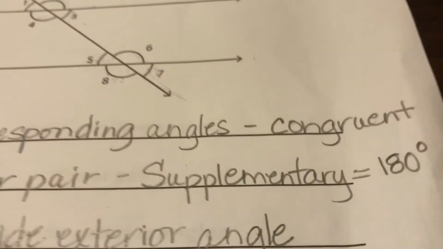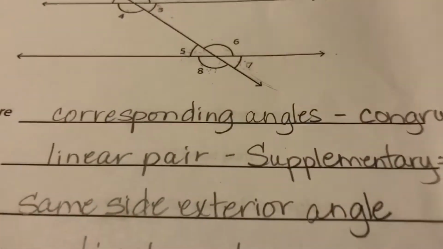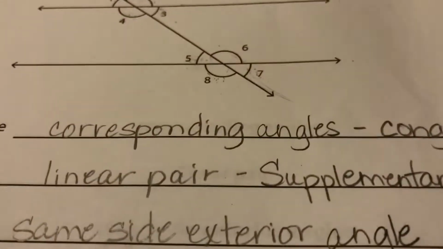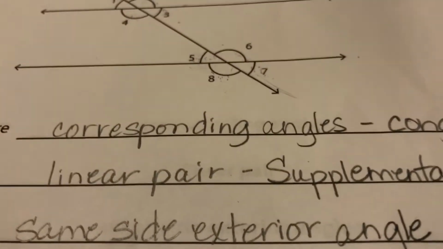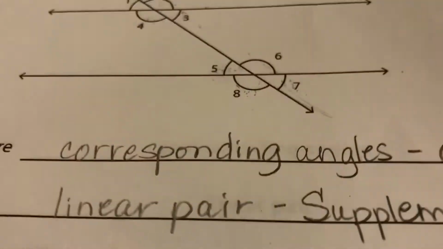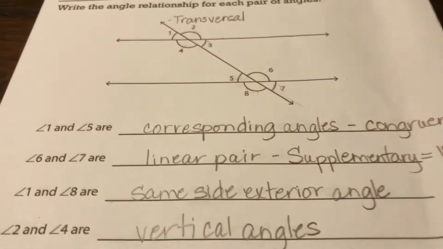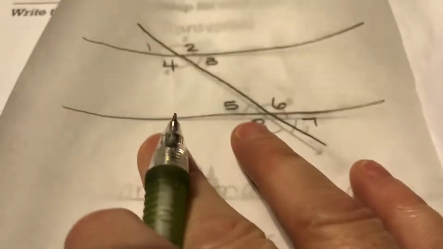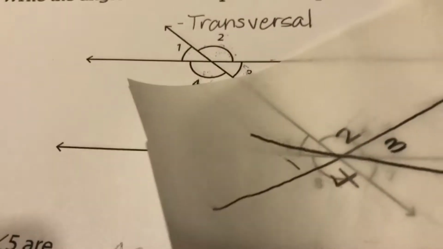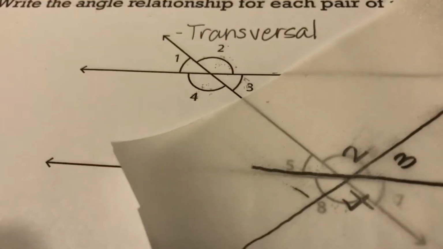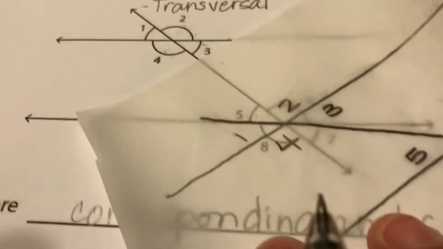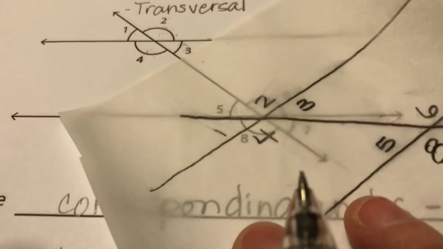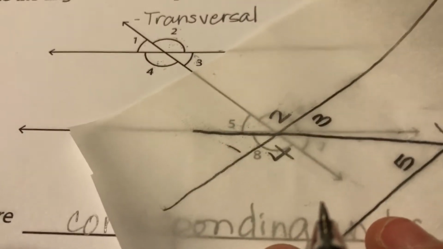Okay? Then we had the same side exterior angles. Same side exterior angles, and so that was angles 1 and 8. If we do angles 1 and 8, they're not congruent, because if I put angle 1 over angle 8, I can see that it is not the same measurement.